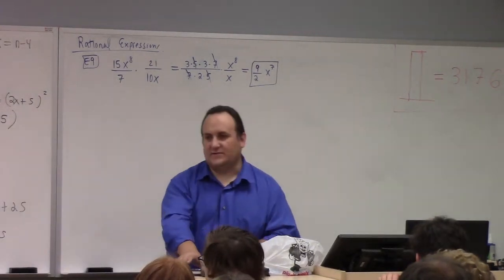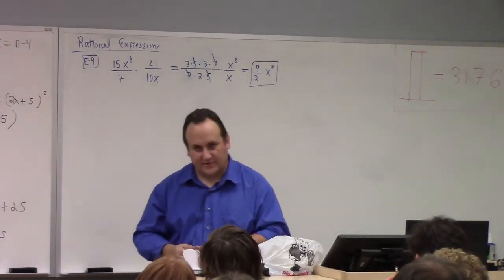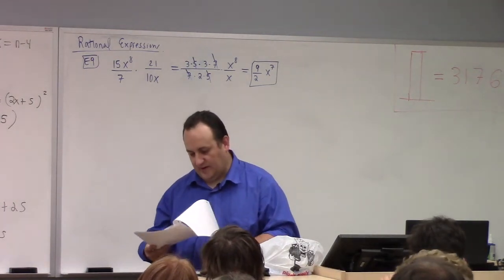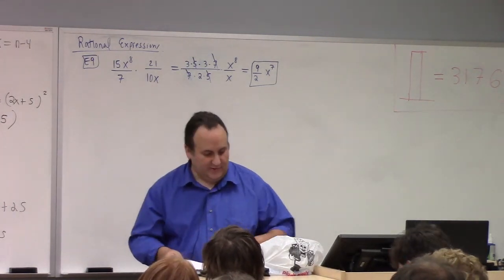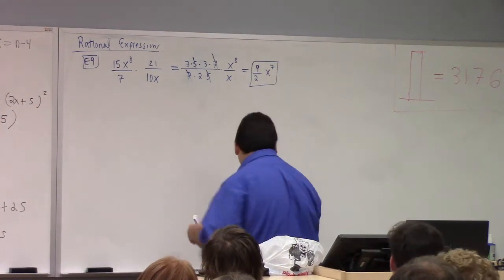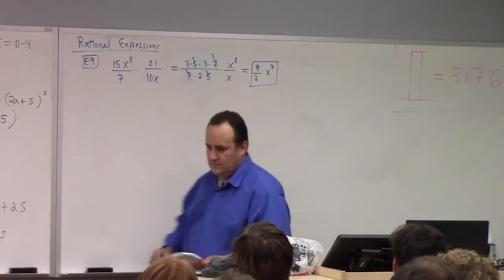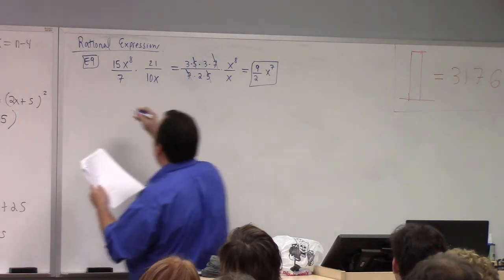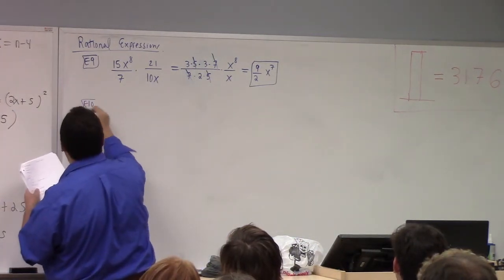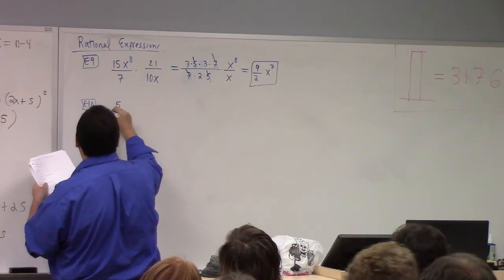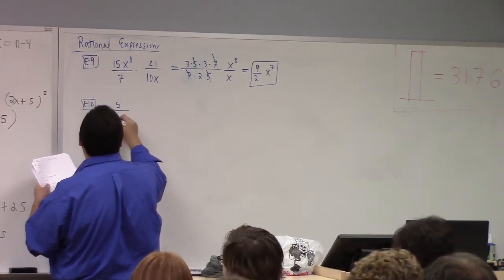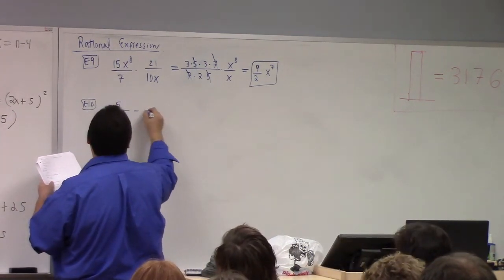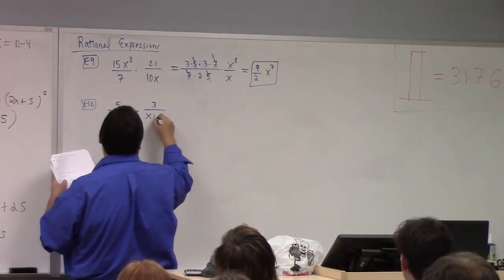Okay, so you guys don't usually have much trouble with these kind of ones, right? It's not too bad. And you also will not have trouble with the next example, I don't think. So we have 5 over x plus 5 minus 3 over x plus 5.